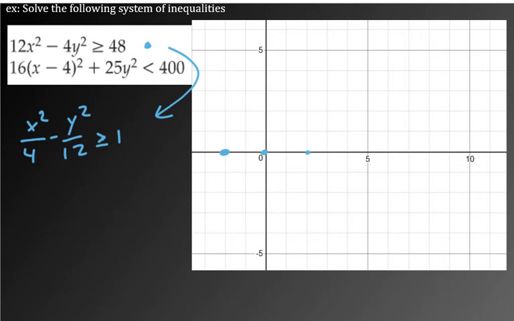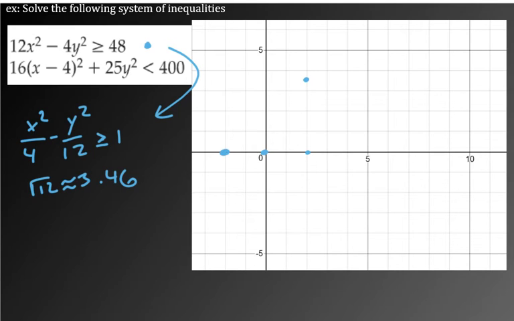And then the b is the square root of 12, which is kind of a weird number. It's about 3.46. So we're just going to have to do the best we can for the slope part. We're going to go from the center up 3.5-ish. So 1, 2, 3. 0.46 is roughly there, so about there.